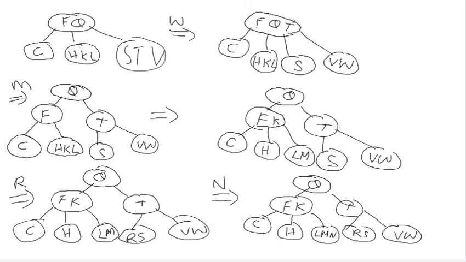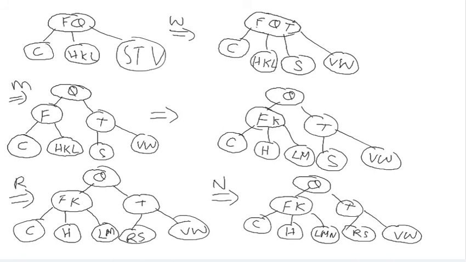Then we have T. T has R, S and V, W, and we need to insert P. So to the left of S we have C, and to the right of this we have H, I think.